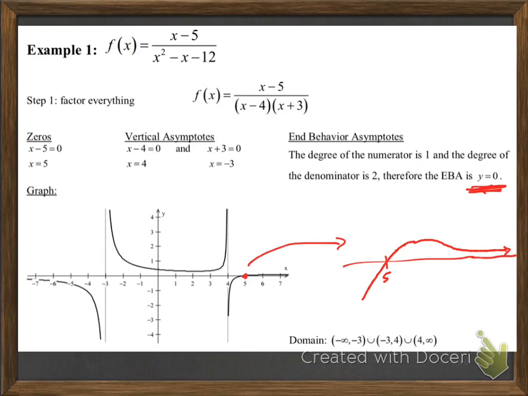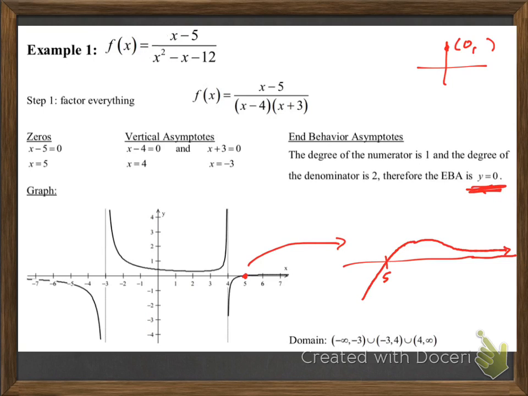One of the other things I do not have listed on here is going to be a y-intercept. Now remember that for a y-intercept, your x values are 0. So if I want to know the y-intercept for this function right here, all you have to do is put 0 in for x.